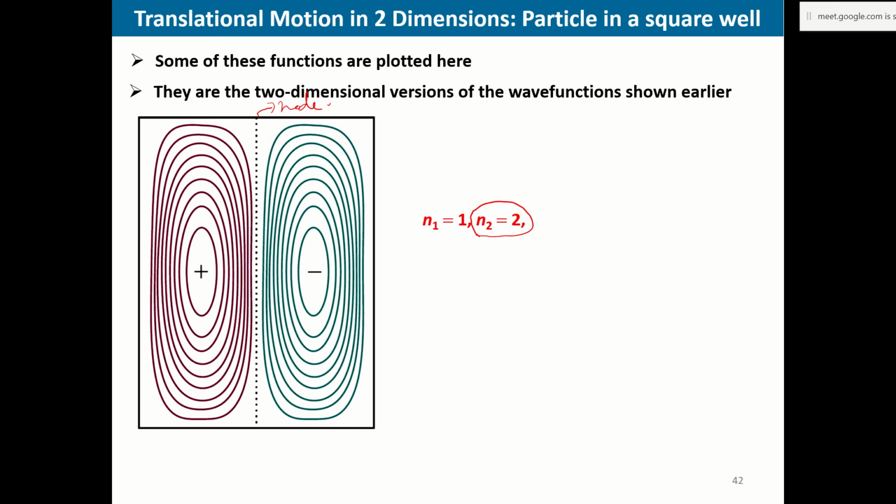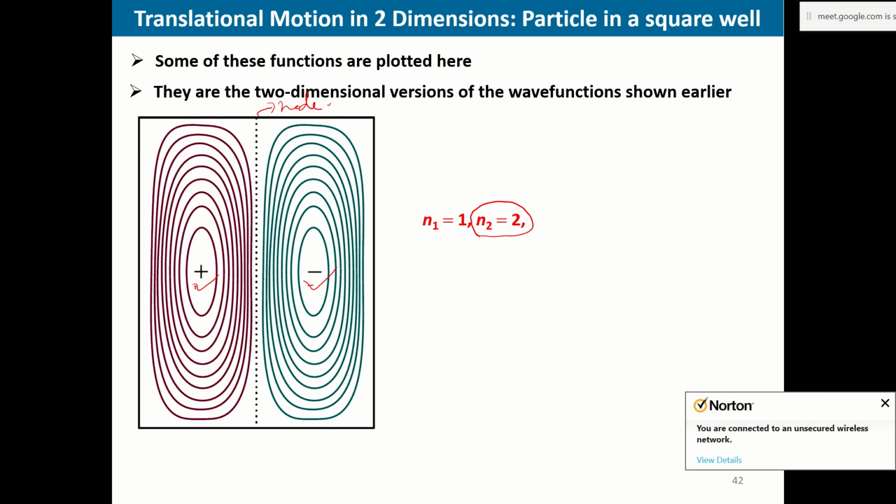The dotted line represents a node, and on one side you have up. So what do the two color codings and the plus and minus signs represent? This represents that on one side of the trampoline you are coming up, the other side of the trampoline is going down.